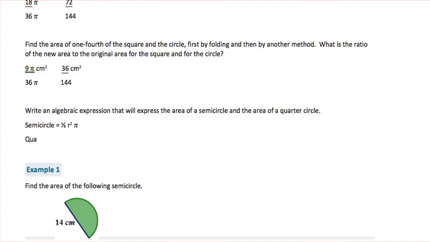And a quarter circle would be 1/4 times radius squared times pi. Which should make perfect sense. But oftentimes when we're stuck in the middle of a problem, things that make sense don't always occur to us.